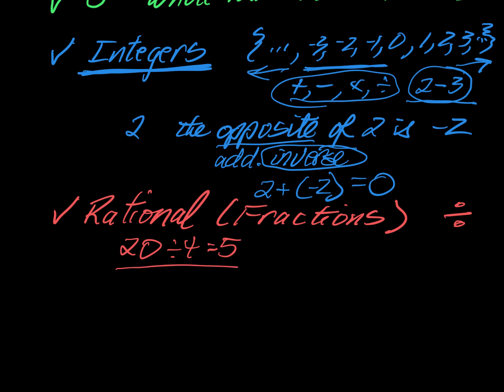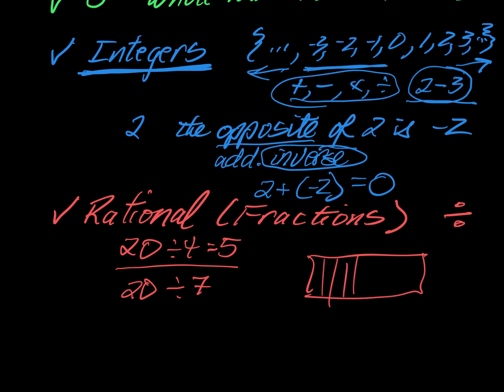But then we started to make things more challenging, and we started to say, well, how many 7s go into 20? In elementary school, you'd draw pictures, 1, 2, 3, up to 10, there's 20.